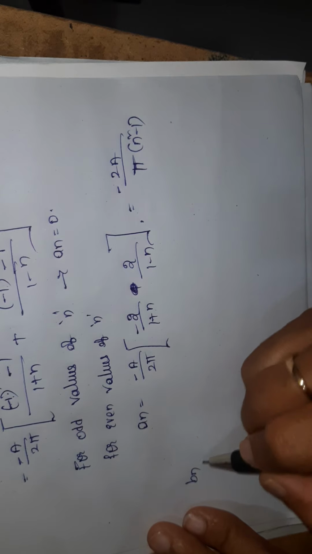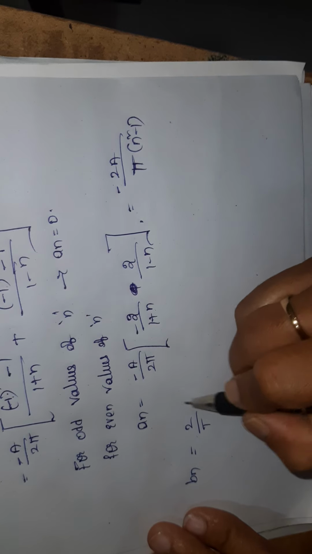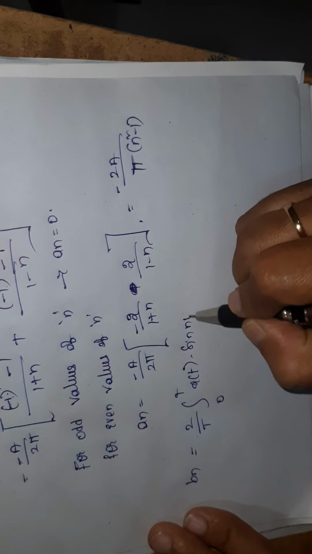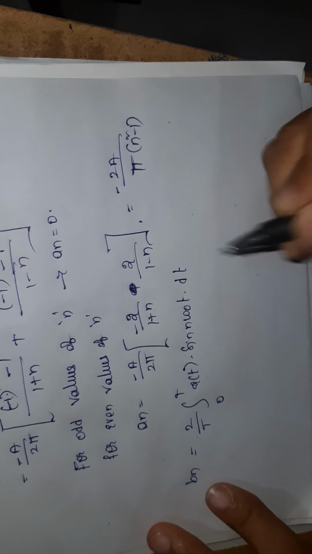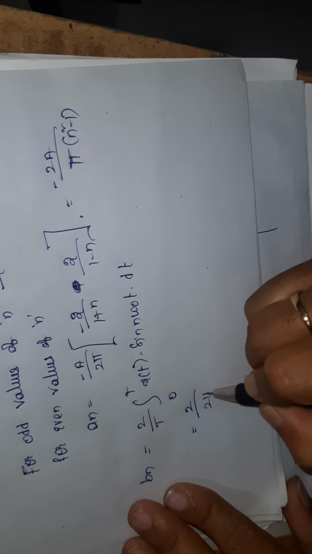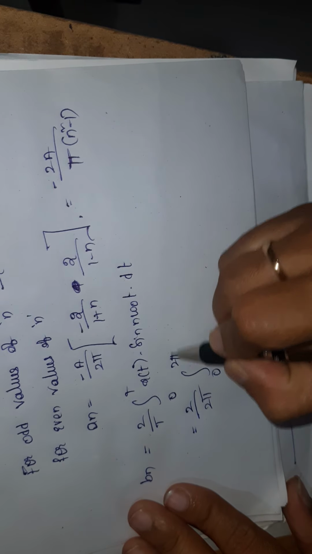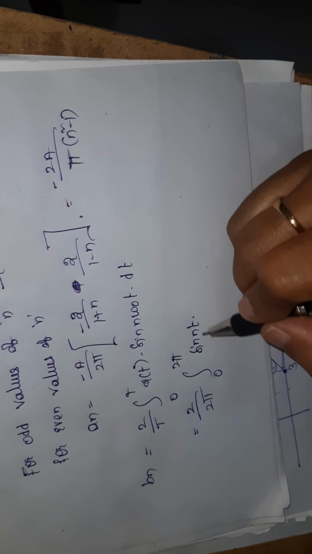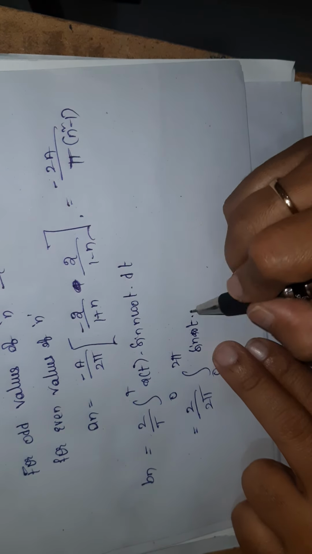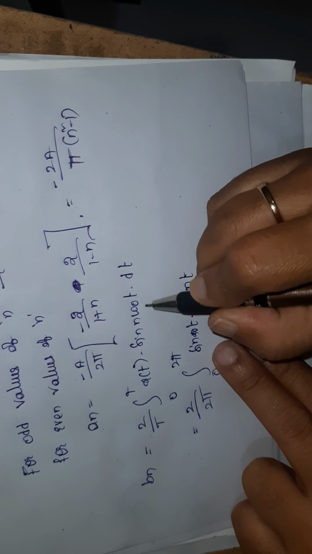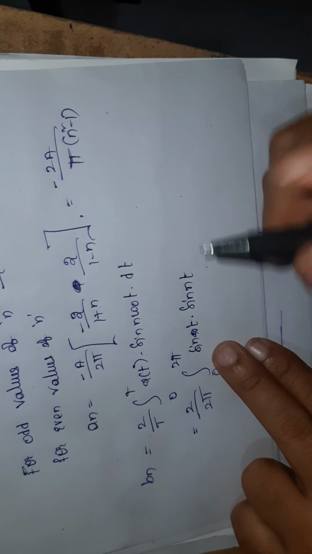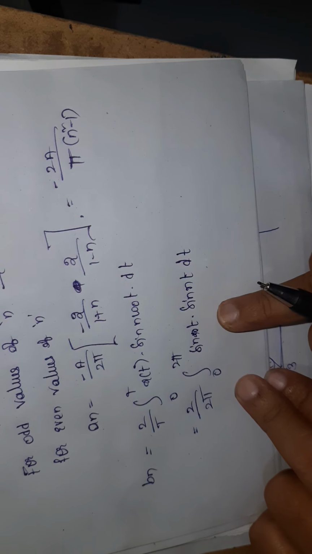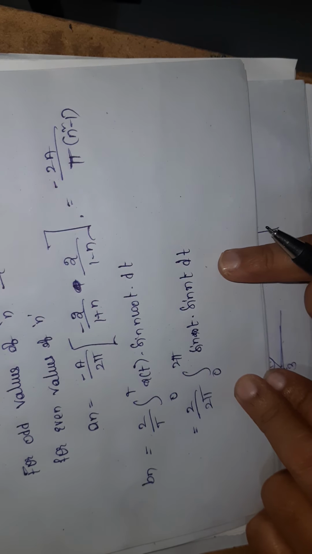Next, what is Bn? Formula is 2 by T integration 0 to T x of t sin n omega naught t dt. So here what is the fundamental time period? 2 pi, and what is x of t? Sin t only, sin t into sin nt. Here omega naught value is 1 into dt. So here sin a into sin b.